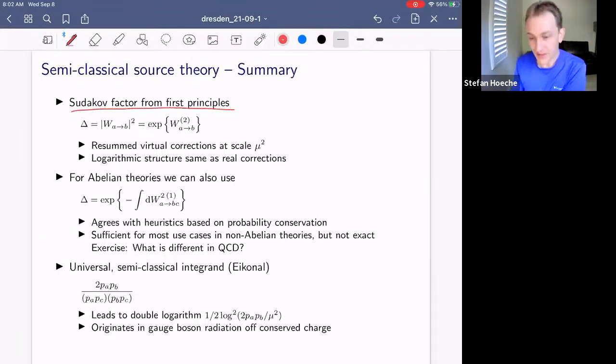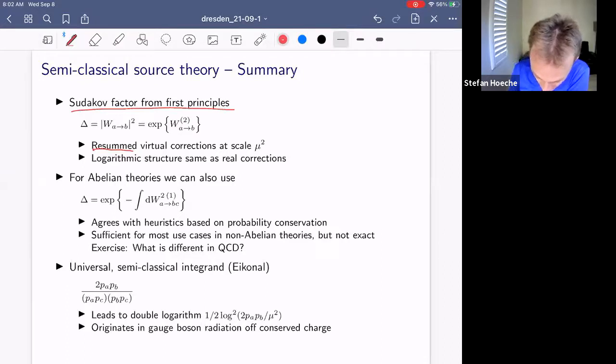In the beginning, we had the heuristic picture that the Sudakov factor is just the result determined by unitarity, which we calculated from the real emission corrections. Now it's from first principles. And what you see is that it's actually the exponentiation of the second order virtual corrections. The resummed, as we call it, virtual corrections at the scale mu, if we work in dim reg MS-bar.